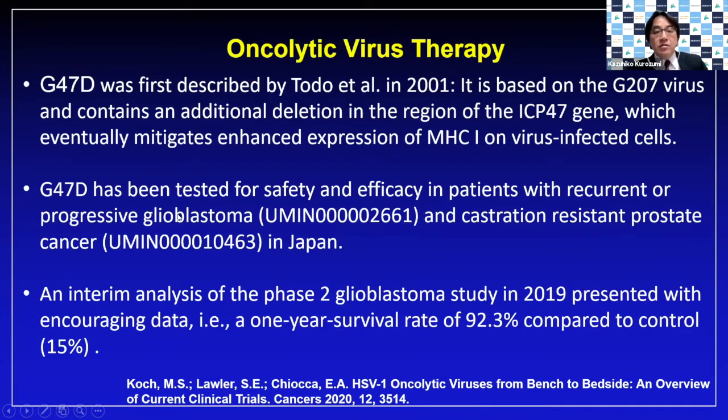It has been tested for safety and efficacy in patients with recurrent progressive glioblastoma, and an interim analysis of the phase 2 glioblastoma study in 2019 presented encouraging data: a 1-year survival rate of 92.3% compared to control. A very interesting oncolytic virus. Todo is now preparing for clinical use.